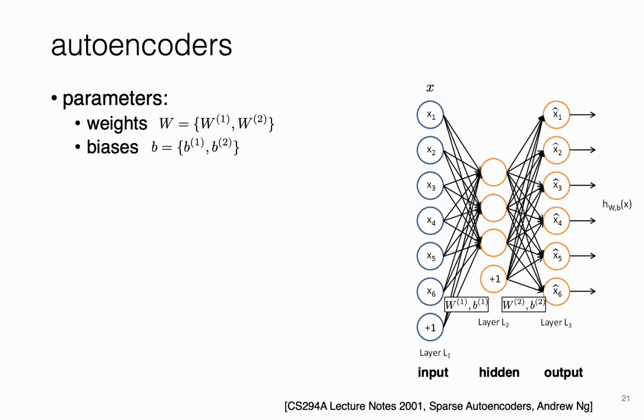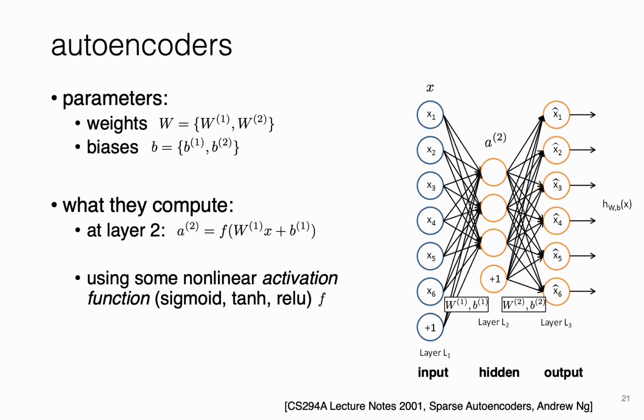W superscript 2 are the weights connecting the second to the third layer, the output. Similarly, we have biases organized into 2 vectors, B superscript 1 and B superscript 2. X denotes the inputs, x hat the outputs, and a superscript 2 the values in the hidden layer.